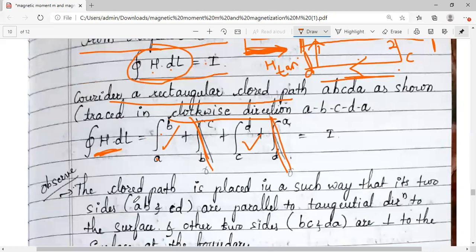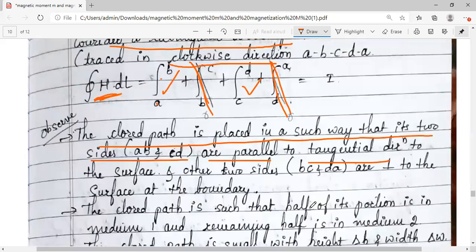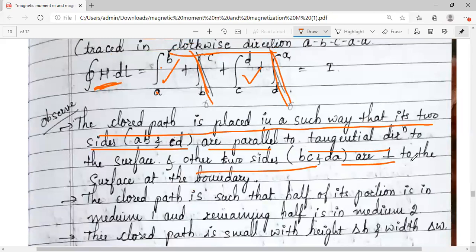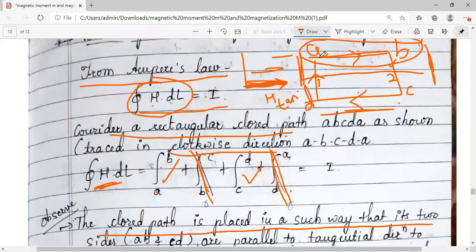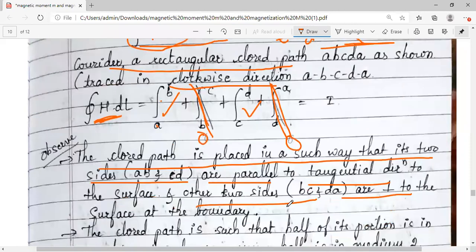Okay. The closed path is placed, as I have repeated, in such a way that its 2 sides are parallel to the tangential component and the other 2 sides are perpendicular. As I told you, parallel जो है हम consider करेंगे, जो perpendicular है tangent को हम उसको निकाल देंगे, 0. We make it 0 to find the tangential component.